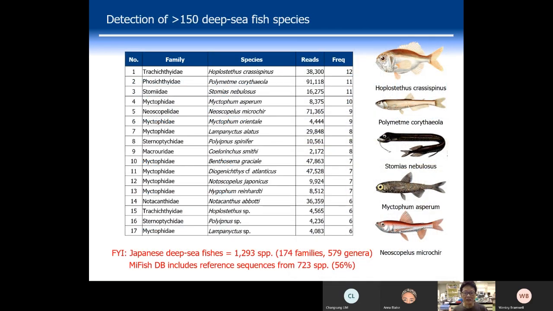We performed eDNA metabarcoding, and we detected over 150 deep sea fish species. The most constantly occurring species is this one, similar to an oarfish, followed by semi-formed fishes, and you can see other fishes.